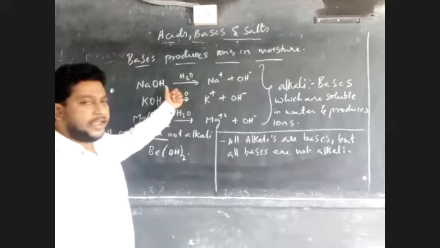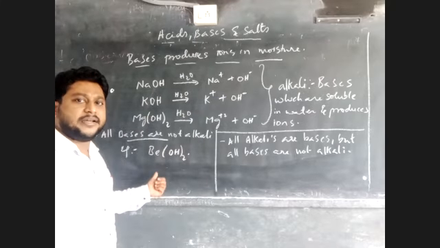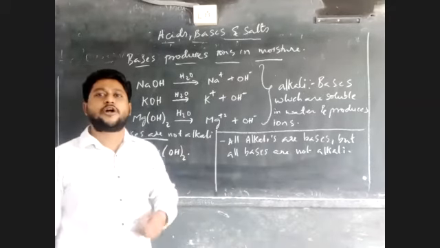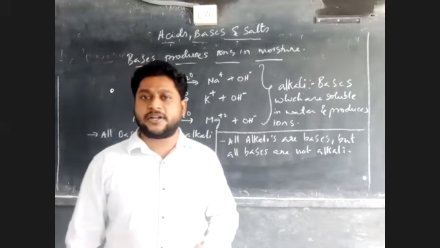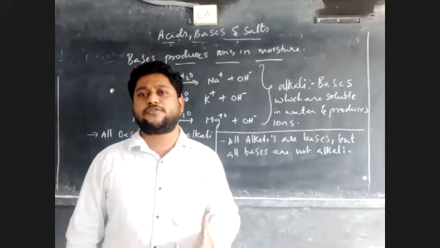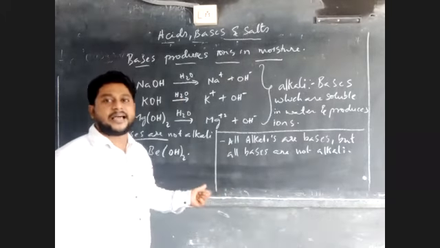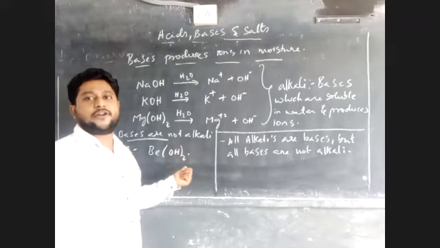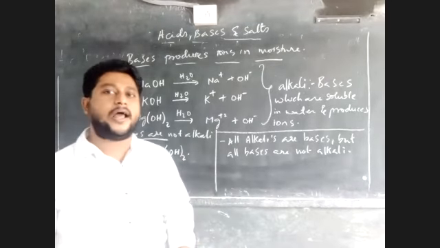Here, NaOH produces OH minus ions, but beryllium hydroxide, Be(OH)2, does not split completely into OH minus ions. Complete ion formation is not taking place, so it is not considered an alkali. It's a base, but not an alkali.